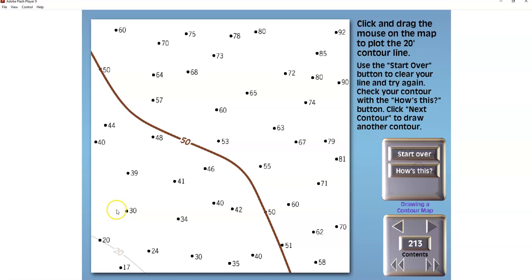And if I click How's This, I don't know if it's really keeping track of where I'm putting the mouse. Let's try the 30. So if I went 30s here and a 30 here, and then click How's This? Oh, I guess it didn't do it. No. Anyway, we'll skip this part.